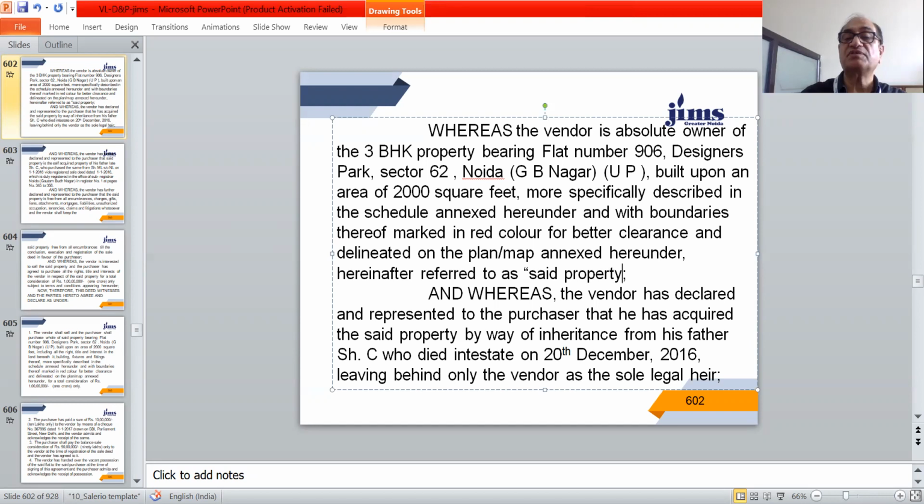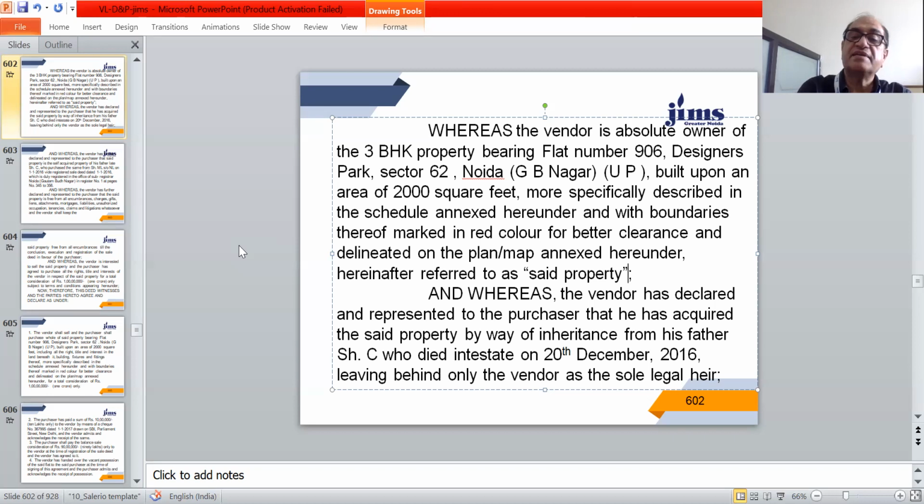So this is the history of the deed as to how the vendor is the absolute owner of the property which he is going to sell. And the further history is, and whereas the vendor has declared and represented to the purchaser that he has acquired the said property by way of inheritance from his father, Shri C, who died intestate on 20th December 2016, leaving behind only the vendor as his sole legal heir.